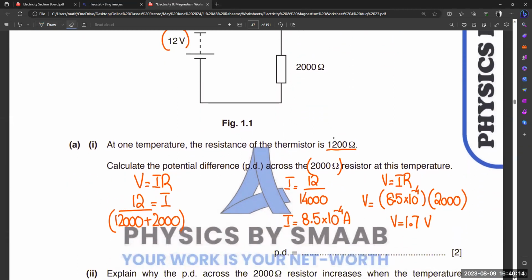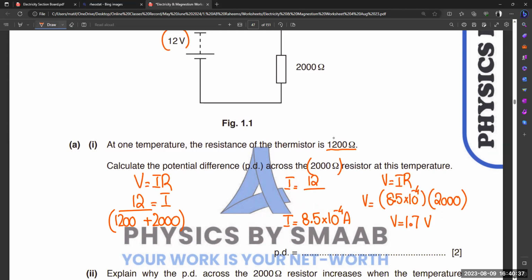Yes, so you just need to correct this value. Your working is right. Only you just need to correct it, and it will be 10 raised to minus 3. So again, just try to find out the value. This will be 3.75 multiplied by 10 raised to the power of minus 3.